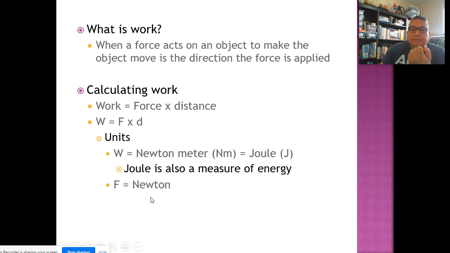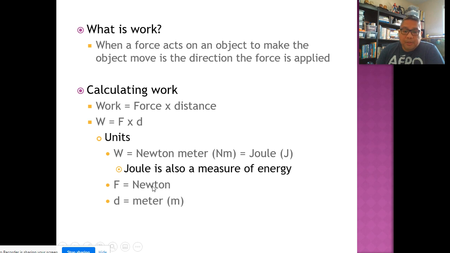Or when you buy gummies and you see 40 calories at the back, that's the amount of energy you can get by eating a serving of gummies. So calories and joules are units of energy, but in this case, for work, we'll be using joules.